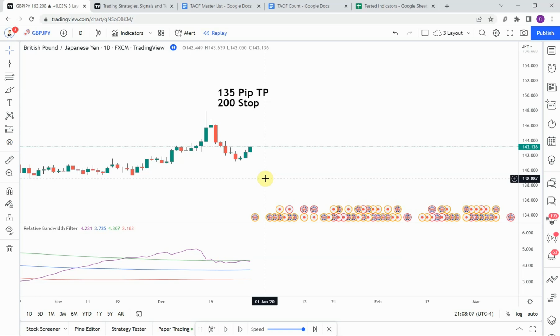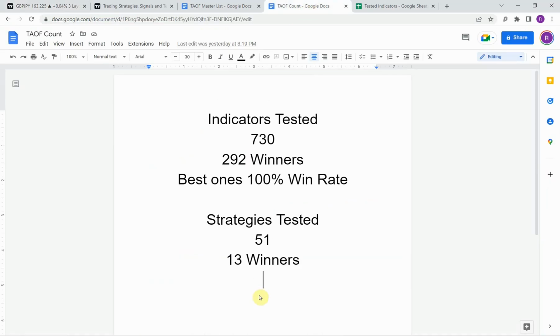Alright, as I said, today we will be testing the relative bandwidth filter. Before we do though, I wanted to put the testing scoreboard up for everyone to see. To date, we have tested a total of 51 different strategies, with 13 of them being profitable. We've also tested a total of 730 indicators, with 292 of them being winners.